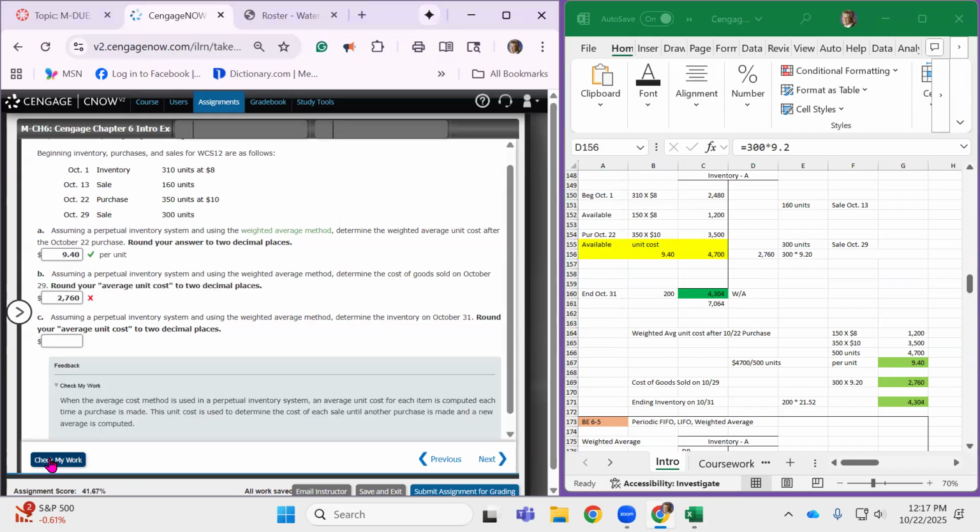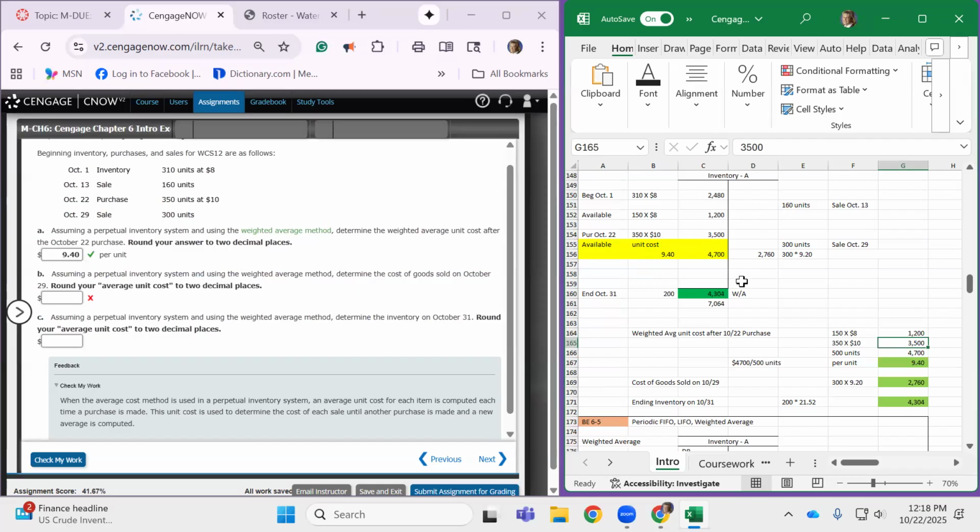2760 should be, no, okay. Let me see what's going on. The 2 decimal places. All right. Let me see what we got here. So one more time, we have 150 items at $8 each. Okay, yep, that's 1,200. Then we had 350 at 10.